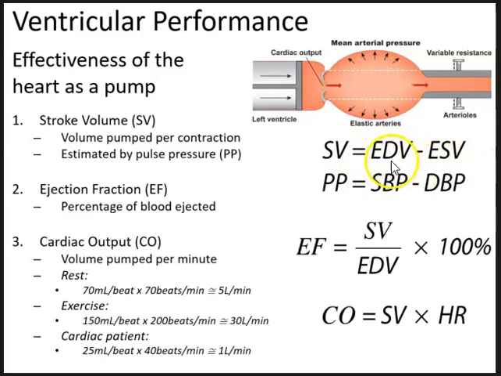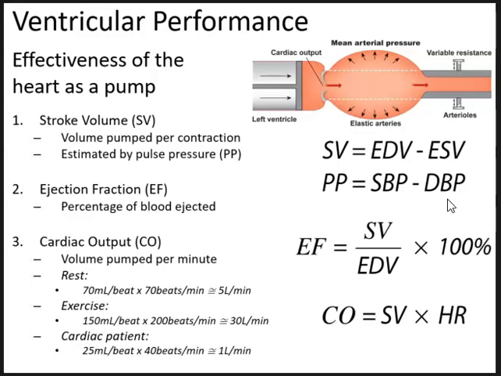So the volume of blood at the end of diastole minus the volume of blood at the end of systole. Okay, and we can estimate stroke volume by pulse pressure. So pulse pressure equals systolic blood pressure minus diastolic blood pressure. The next formula that we want to take a look at is ejection fraction. So this is how much blood is ejected as a percentage.